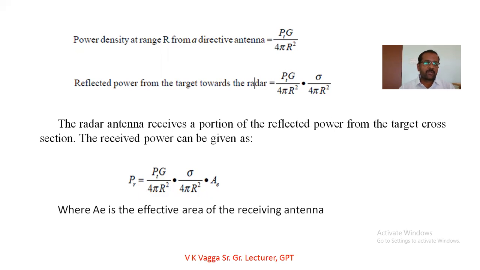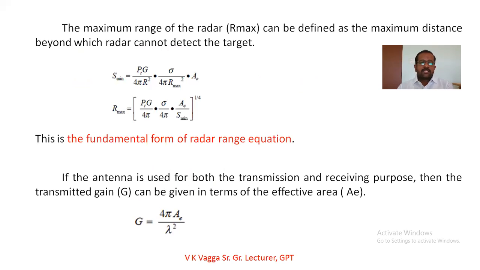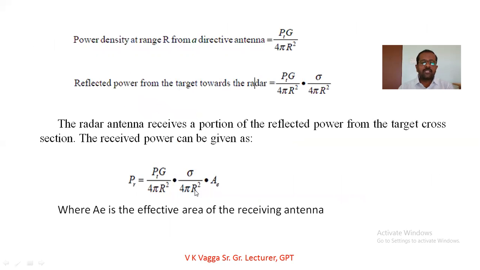Understood? Okay, and after that, the maximum range of the radar, R max, can be defined as the maximum distance beyond which the radar cannot detect. So in this case, R is the range, and this is its maximum value, above which it is not able to detect.